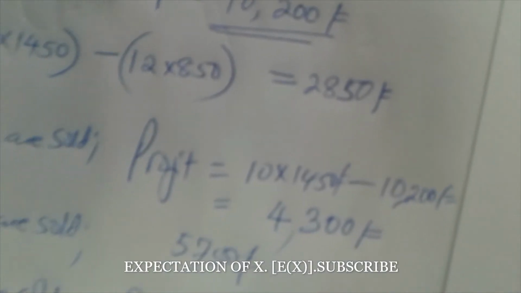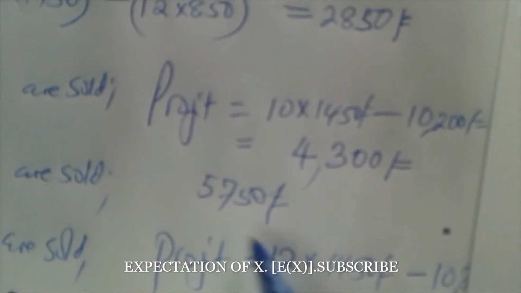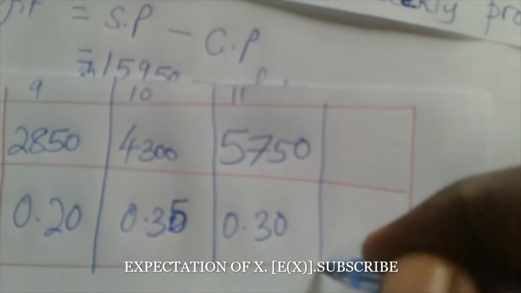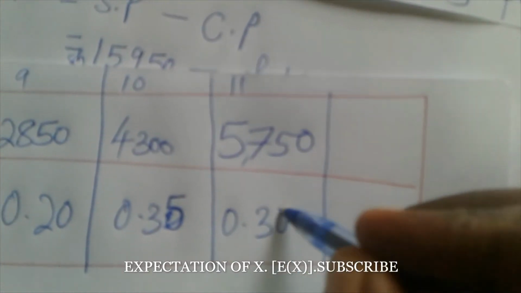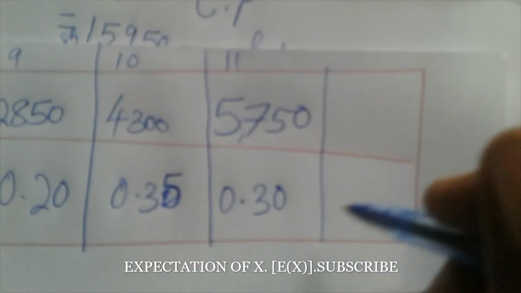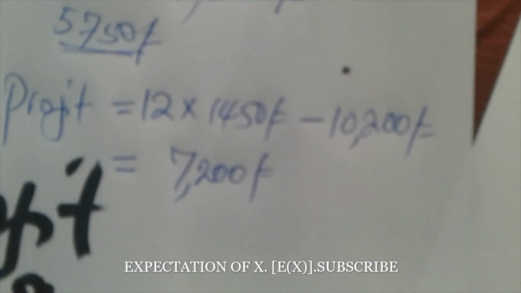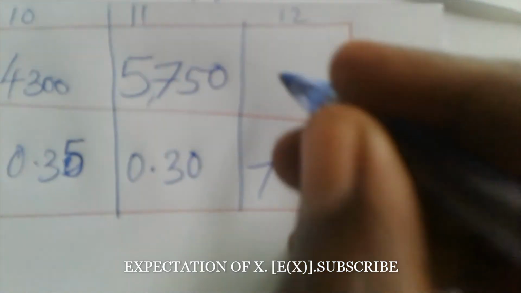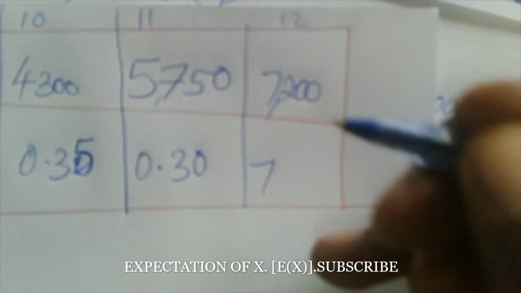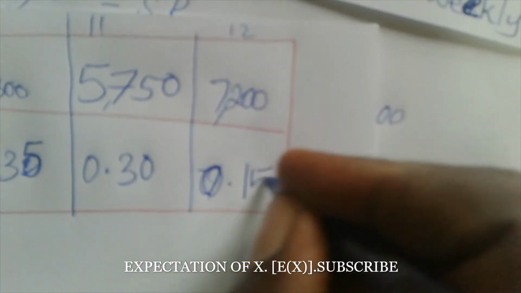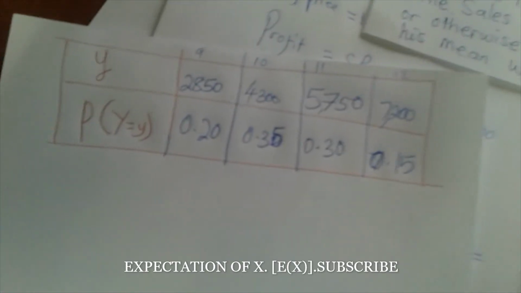For 11 copies, we have a profit of 5,750 with a probability of 0.30. Now when 12 copies are sold, we have a profit of 7,200, and it corresponds with a probability of 0.15.